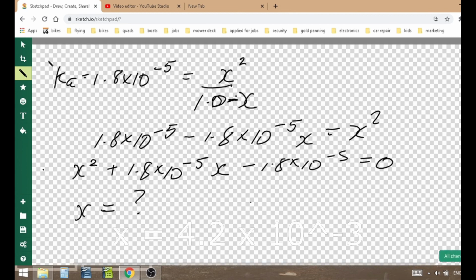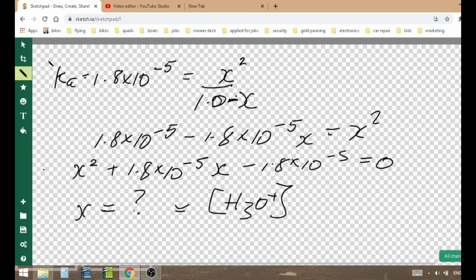Well, what is X? I haven't worked this calculation out yet, but if you get X equals 1 times 10 to the minus 6, what is X? Well, you look back at your ice table and you'll see that X actually is the concentration of hydronium ion at equilibrium. It's also the concentration of the acetate ion at equilibrium. But the important thing is X equals the concentration of the hydronium ion.